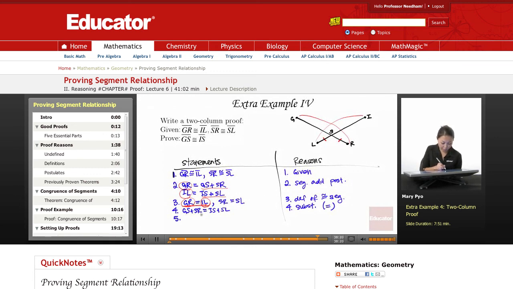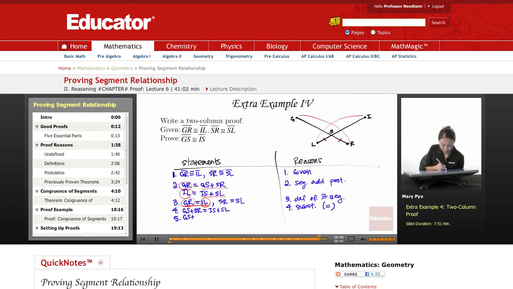Then my step 5. Let's go back to our proof statement. GS is congruent to IS. Here's GS, here's IS. So somehow I have to get rid of SR and SL. Luckily, I know that they equal each other, so I can substitute in one for the other. It doesn't matter which one.